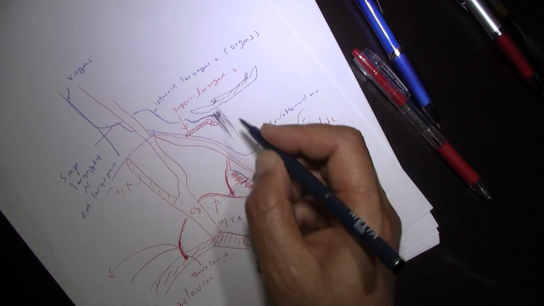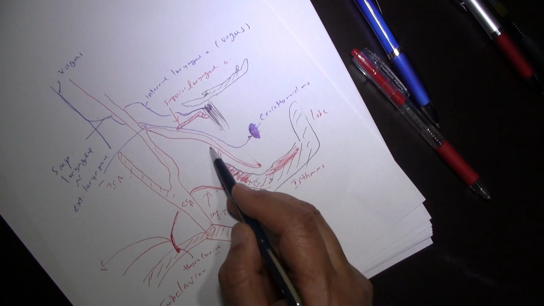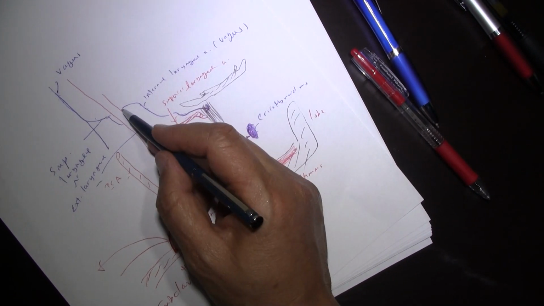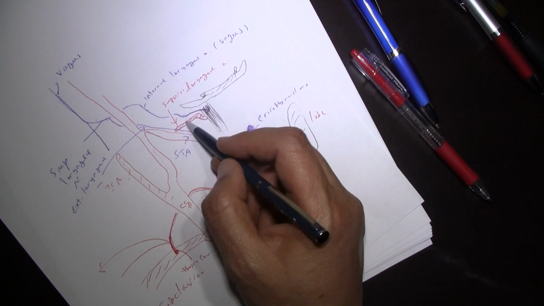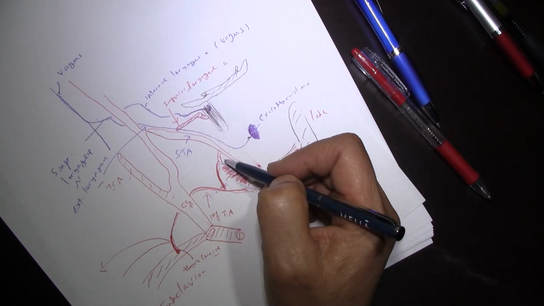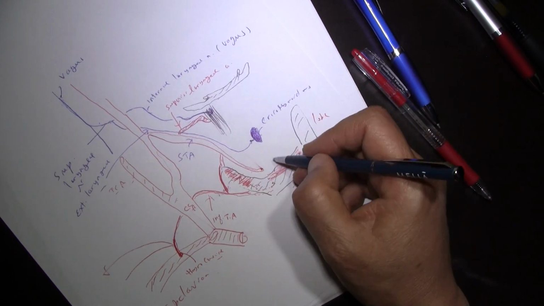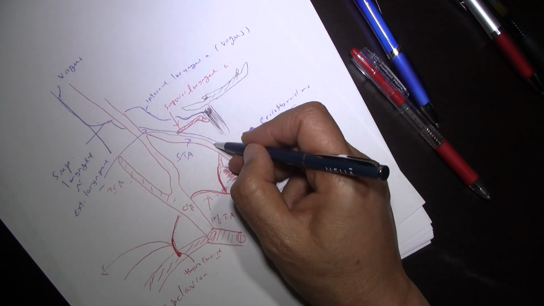The external laryngeal descends side by side with the superior thyroid artery. This is the superior thyroid artery. However, the internal laryngeal branch is accompanied by the superior laryngeal artery, which is a branch of the superior thyroid artery.